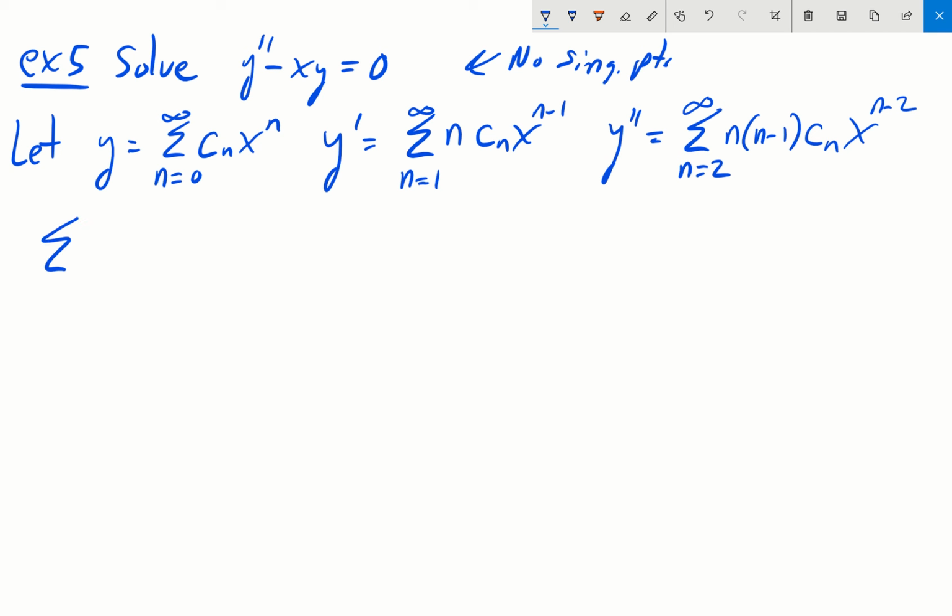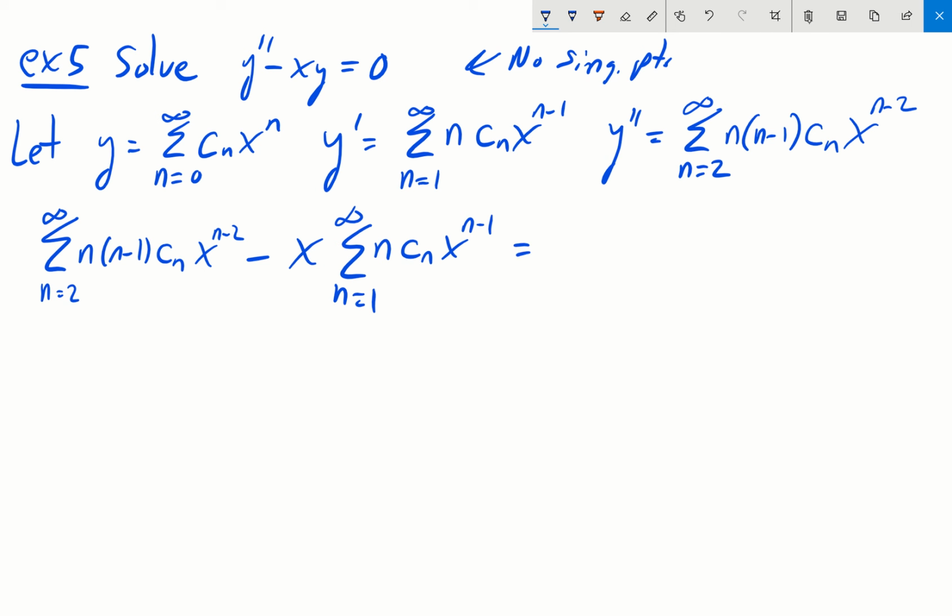So we're going to get y double prime, which is the sum from n equals 2 to infinity of n times n minus 1 Cn times x to the n minus 2, minus x times the sum from n equals 1 to infinity of n Cn x to the n minus 1.